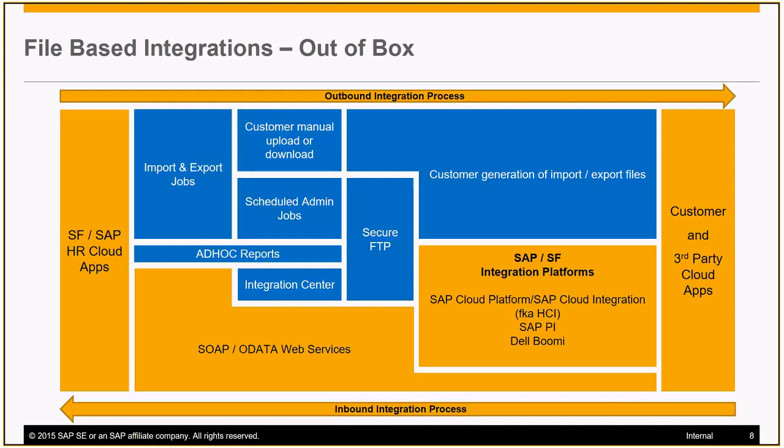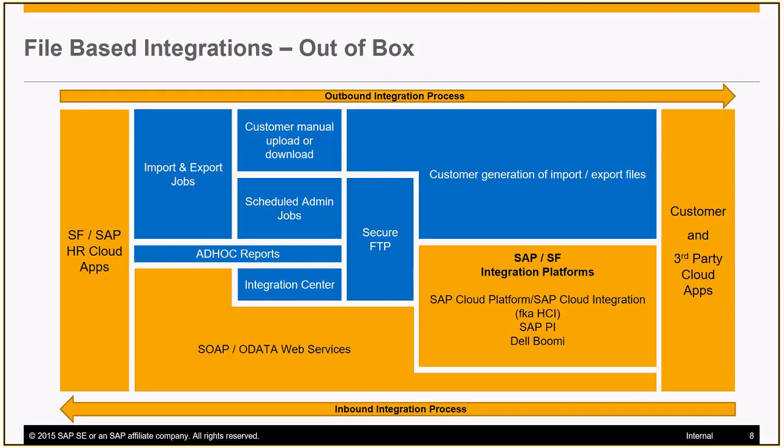We can either deliver the data to your own SFTP server, or you might use the one that has been set up for your customer or your instance. It'll work either way. Does that make sense? Yeah. Okay.